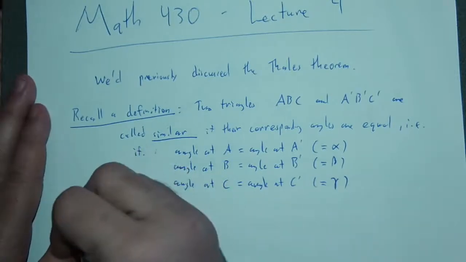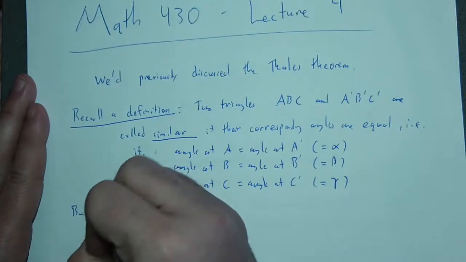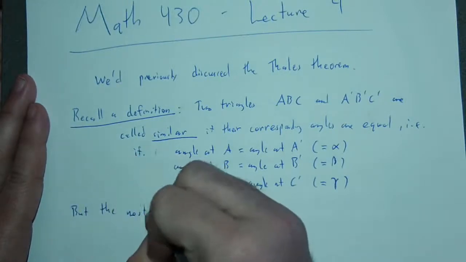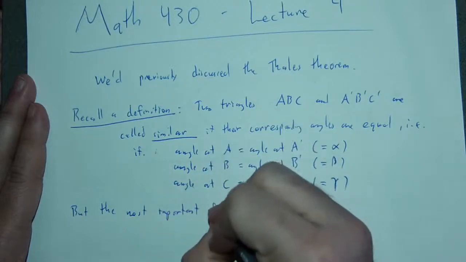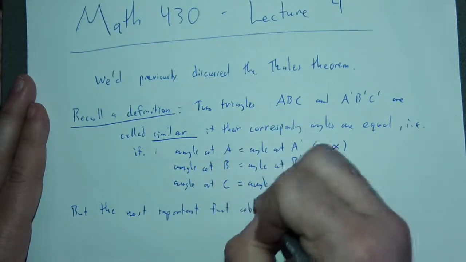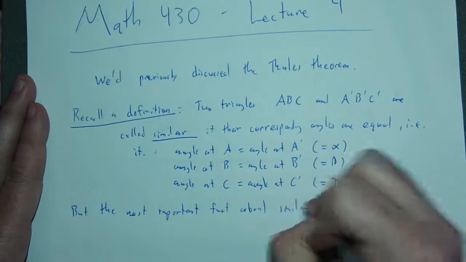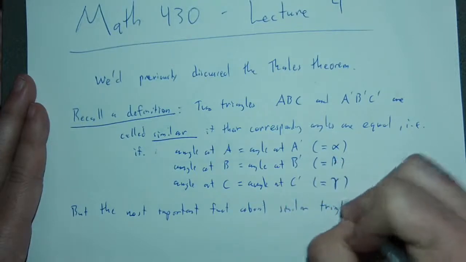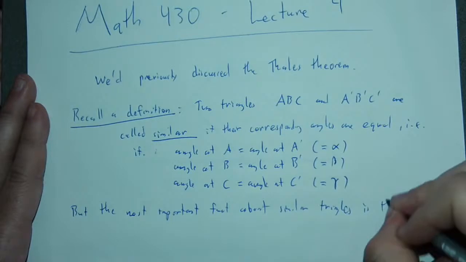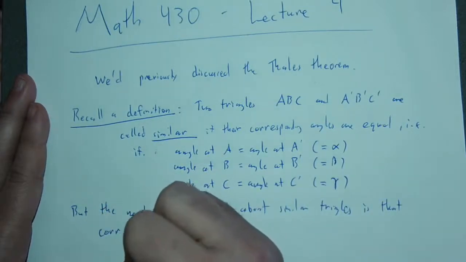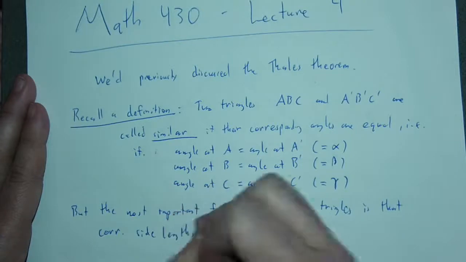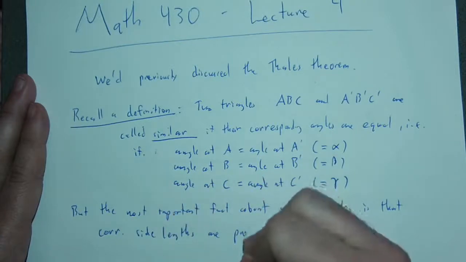The most important fact about similar triangles is that corresponding side lengths are proportional.